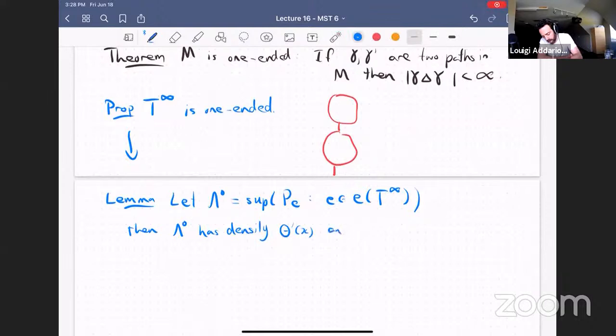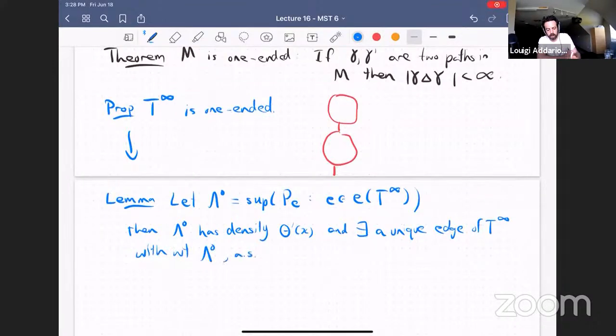And there's a unique edge of T infinity with weight lambda naught almost surely.